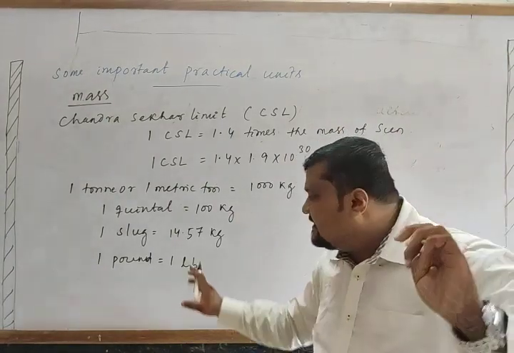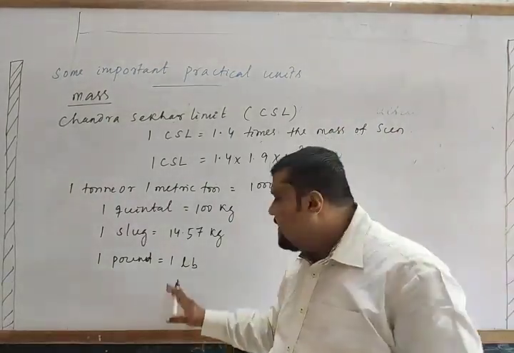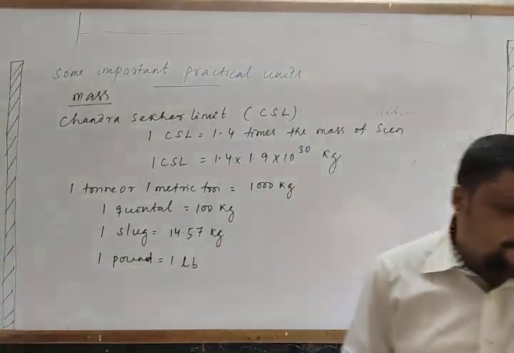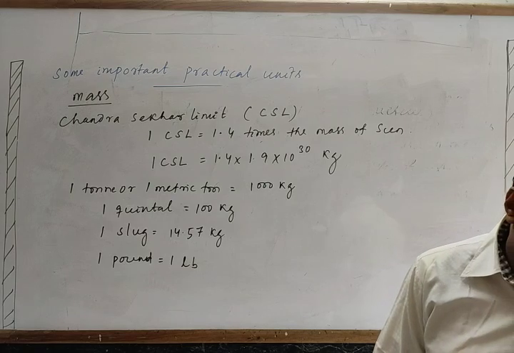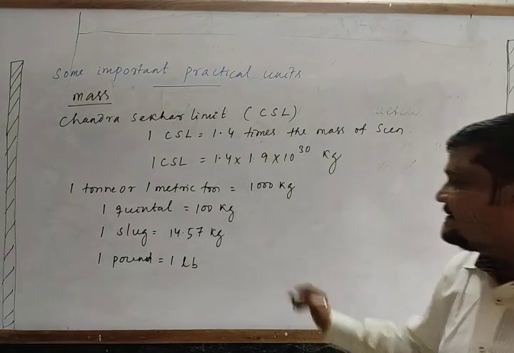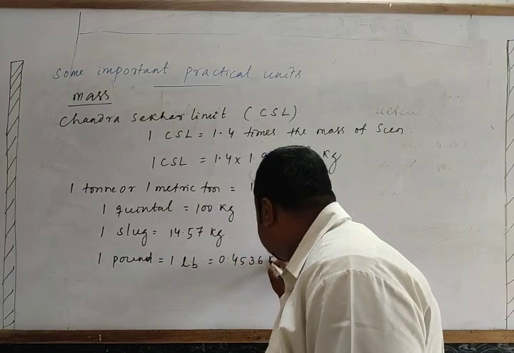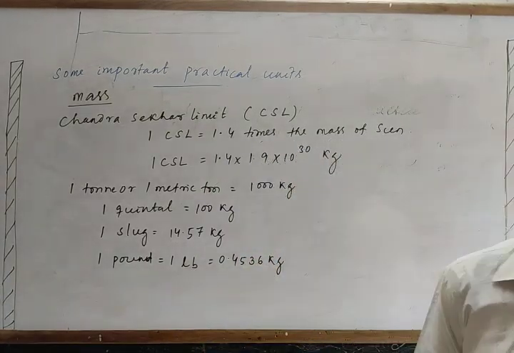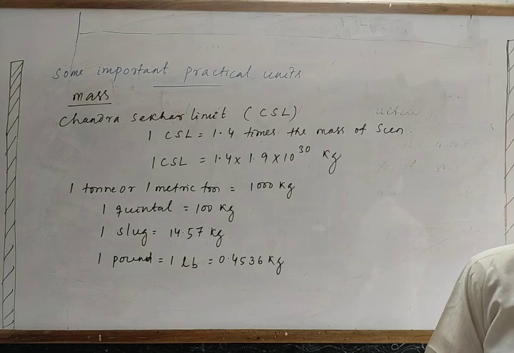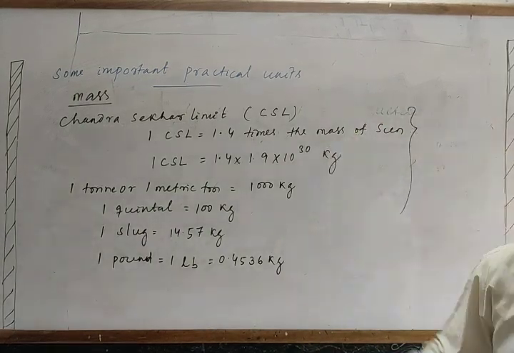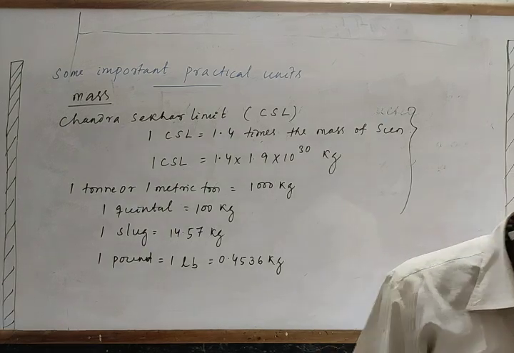Some people, in some countries like Britain, are using LB, which means pound. 1 pound is equal to 0.4536 kg. Clear? So these are the units for measuring the large masses.